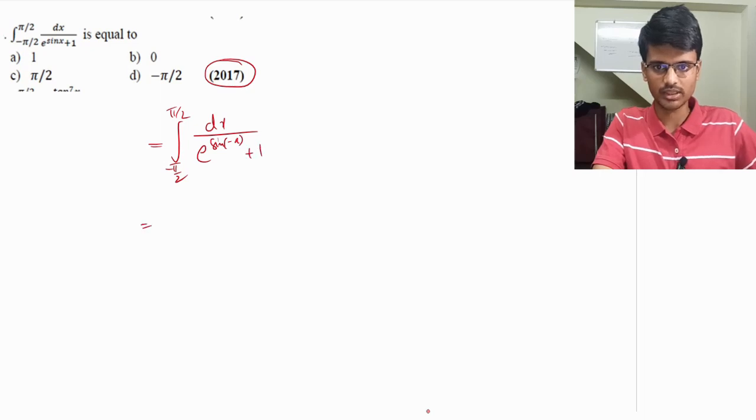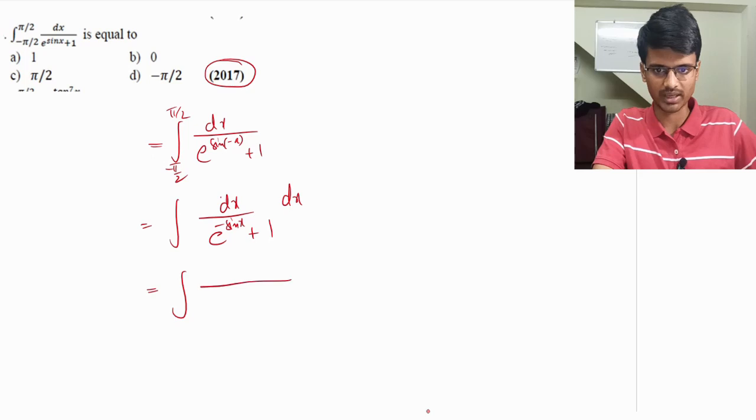So e power sine of minus x, you'll get here e power minus sine x plus 1 dx. Again, I am going to take e power minus sine x common. I'll get 1 plus e power sine x dx by 1. Now this is my I.